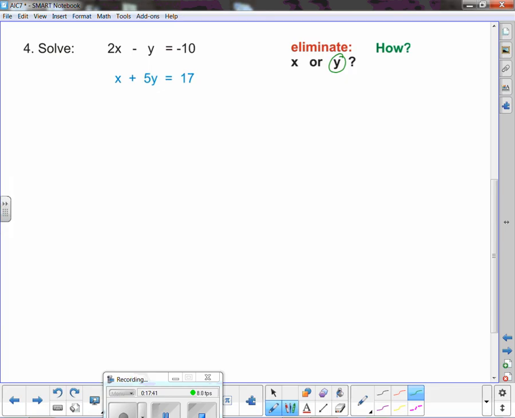And the only reason I'm going to choose the y's is I already have a negative y and a positive y, which means then I would multiply the black equation by 5. And here's the only thought here. It's the only reason I chose this one. If you multiply by a positive value, there's a little less chance of making a mistake. That's the only reason.